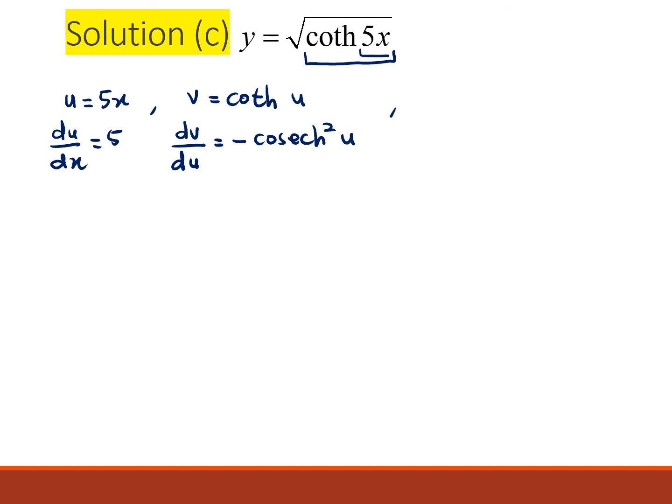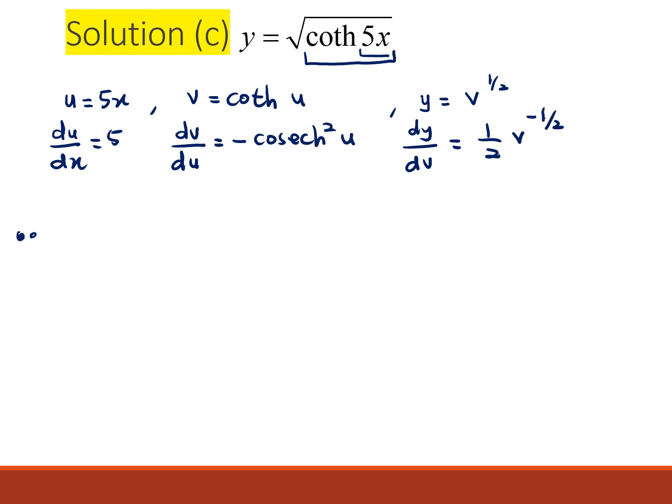And the last one is y is equal to this cotangent hyperbolic 5x, which is equal to v to the power of half. So dy over dv is equal to half v to the minus half.